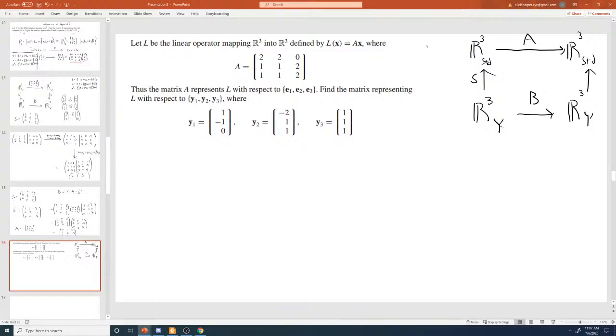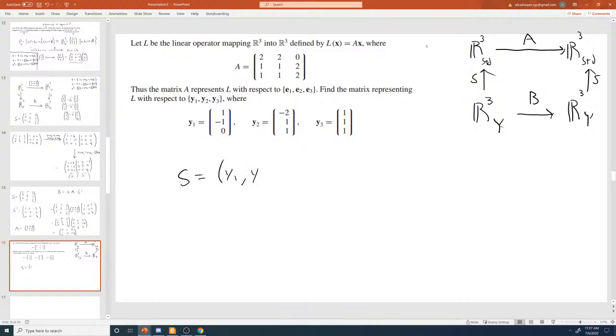So let's call this map here S. And let's think about how we change from the y basis to the standard basis. Well, S here is really easy to compute in this case. Going from the y basis to the standard basis is simply a matter of taking these three vectors and putting them into a matrix.